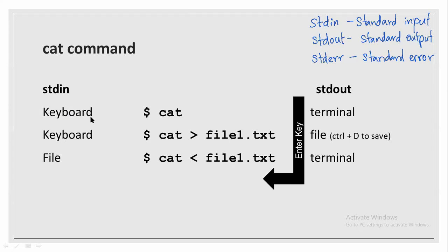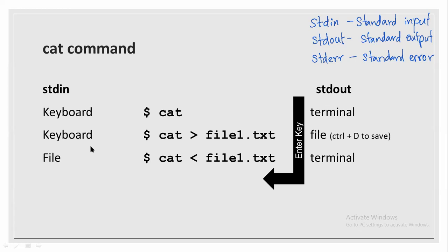The cursor was waiting for input from the keyboard, and when we typed anything in the first scenario, it was displayed in the same terminal. It's like echoing back to the terminal, because my standard input was the keyboard and I was writing to the terminal.